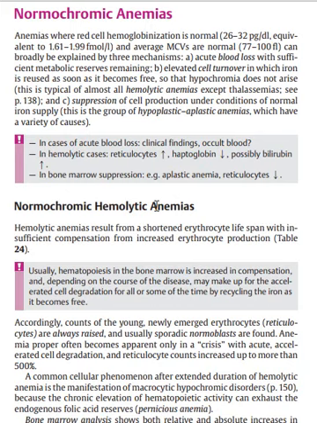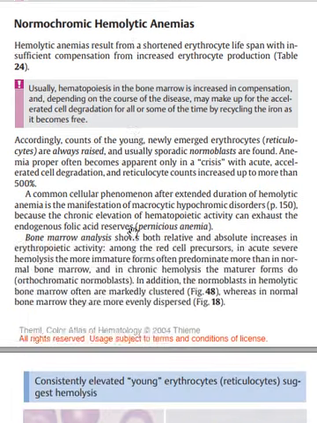Is it clear? That's normochromic anemia. The major cause of normochromic anemia can be hemolytic anemia, due to breakdown. So when you have a hemolytic anemia, it can cause a normochromic anemia.